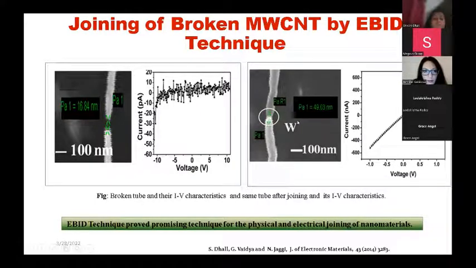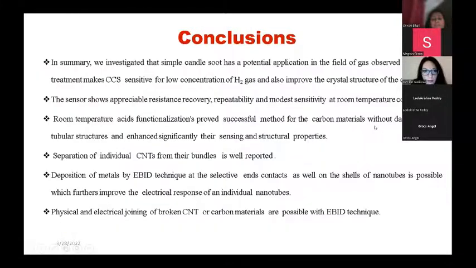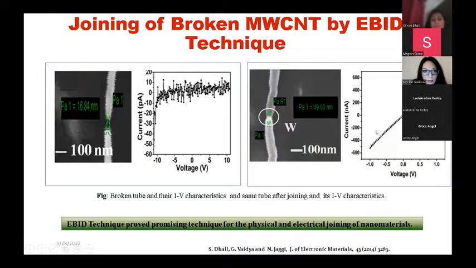Both metals are very helpful in joining the CNTs. We just put some vapors of tungsten metal on particular areas like this area, and we found its IV again. The IV curve is almost linear, which confirms the electrical joining of the CNT after deposition of the tungsten metal.